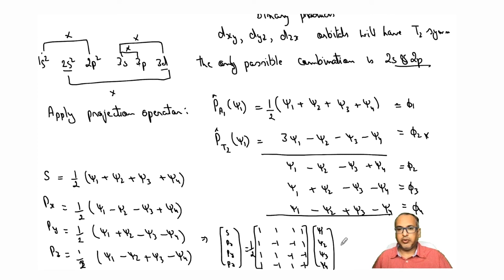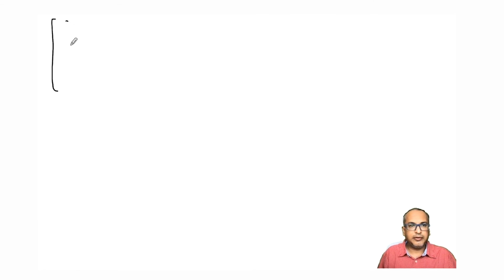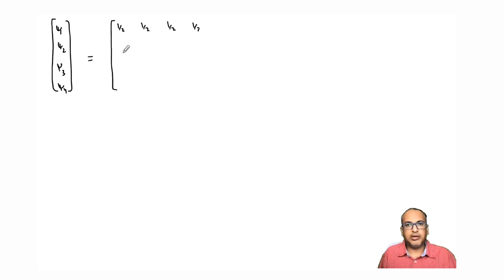Now if I want to write in terms of psi what the combinations of s and p orbitals are, I can say that psi1 psi2 psi3 psi4 is equal to half half half half, half minus half minus half plus half, and the inverse of this.